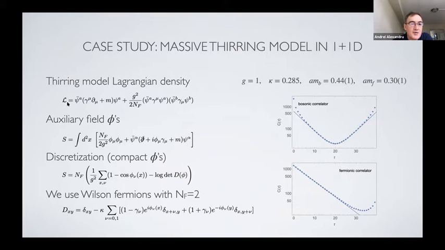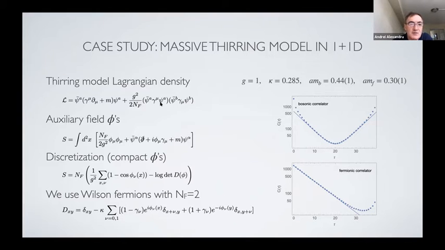The Lagrangian density for this model describes basically a set of NF flavors of fermions of mass m, that are coupled with these vector-vector interactions, and the strength of the coupling is given by this parameter g squared. Now, in order to actually do numerical simulations with this, the usual techniques apply.